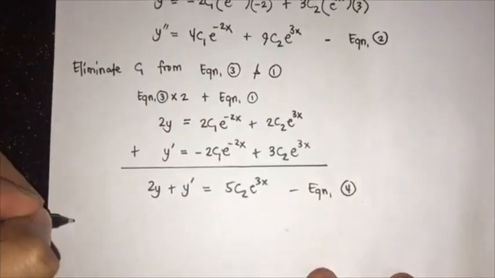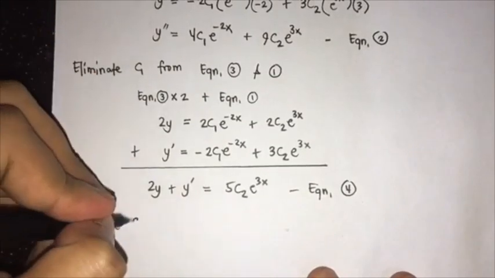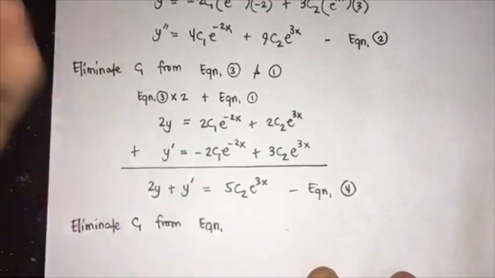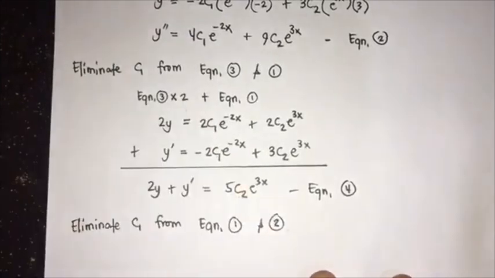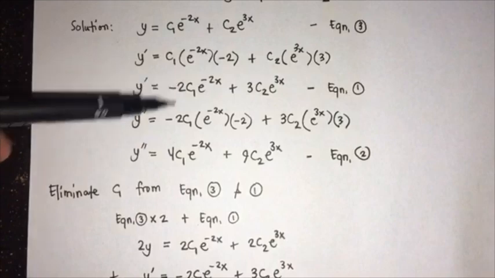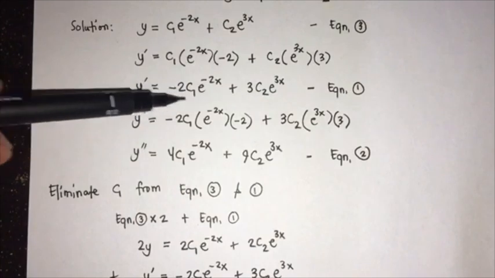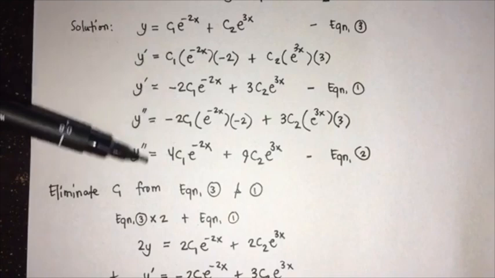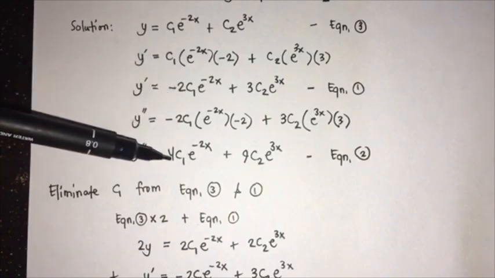So eliminate C1 from equations 1 and 2. Again, we look at the term containing the arbitrary constant that we want to eliminate. We have here negative 2, and here 4.